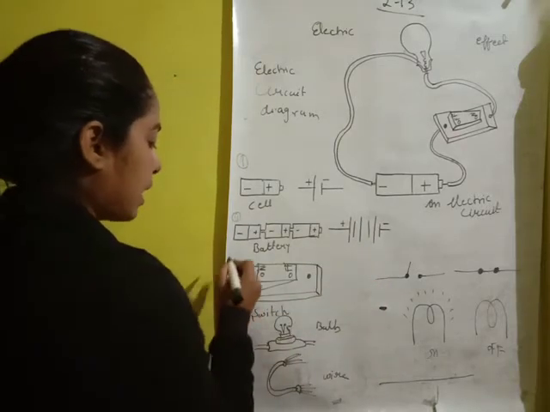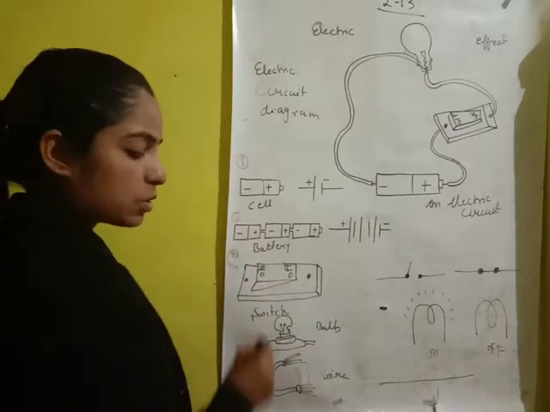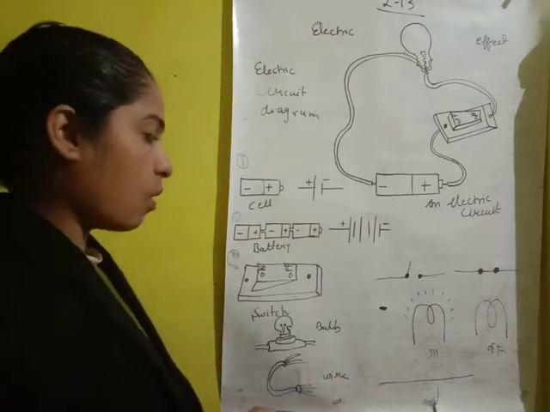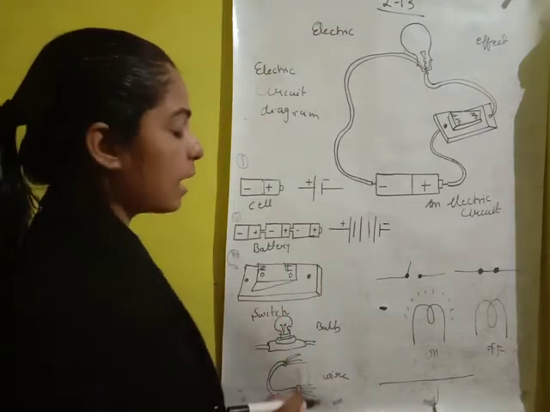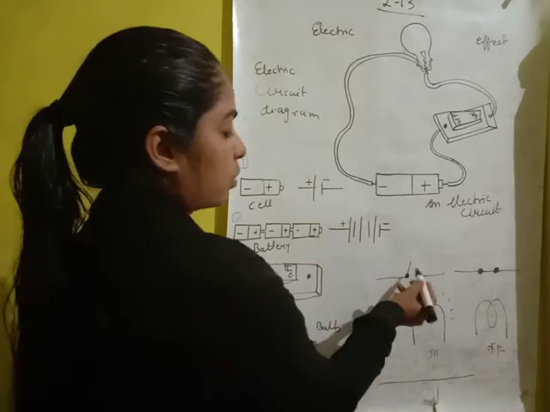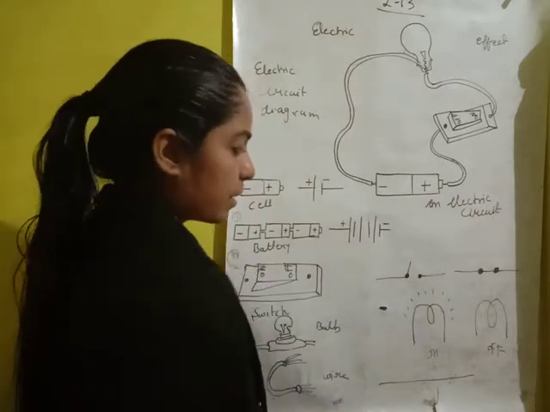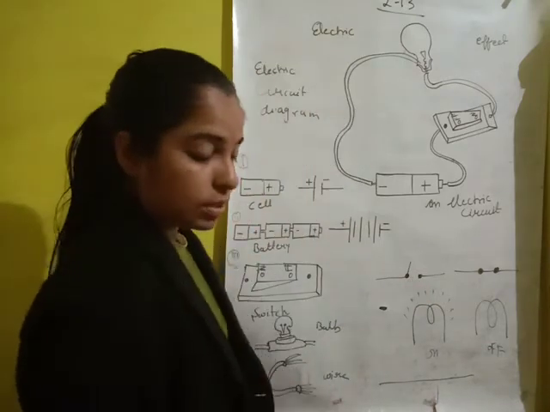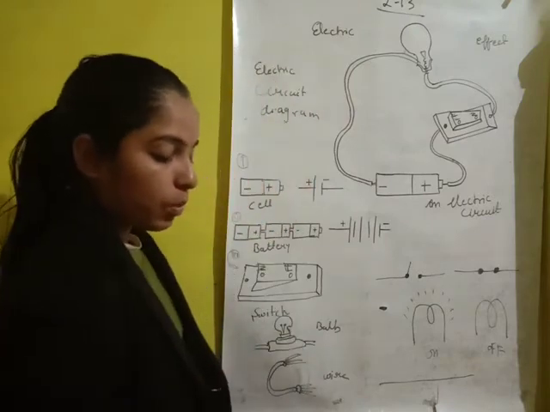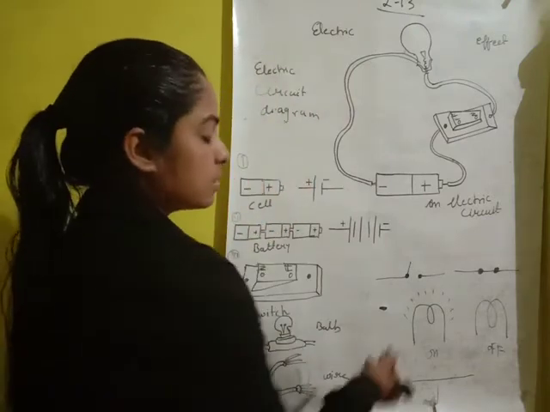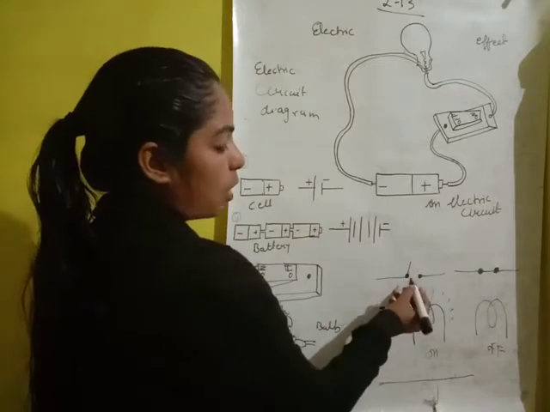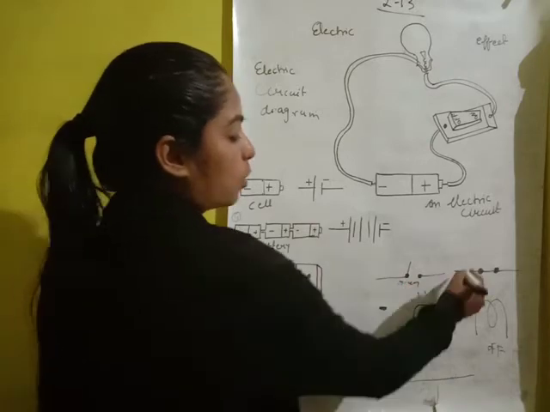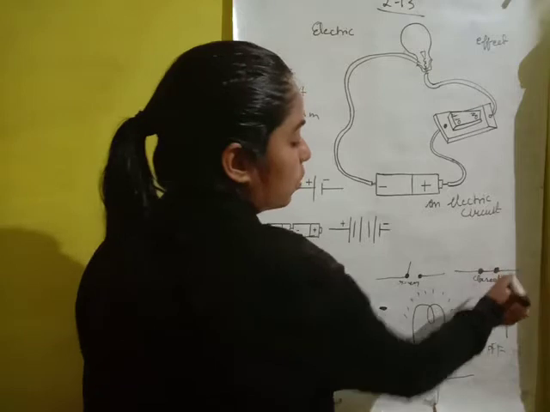Now the third component is the switch. In your book, the switch is given in its on and off forms, as on page number 181. Opening and closing of the switch are both given. This is the open form of the switch in a circuit diagram, and that is the closed form of the switch.